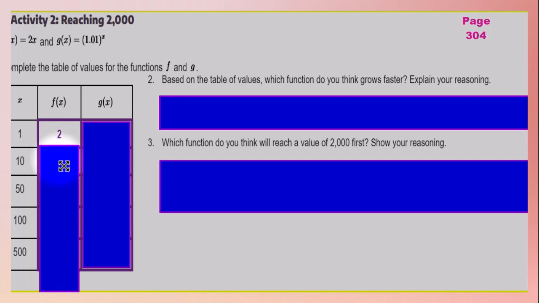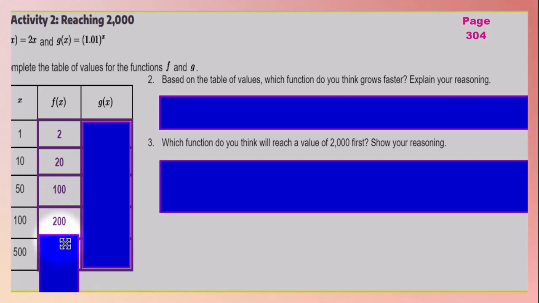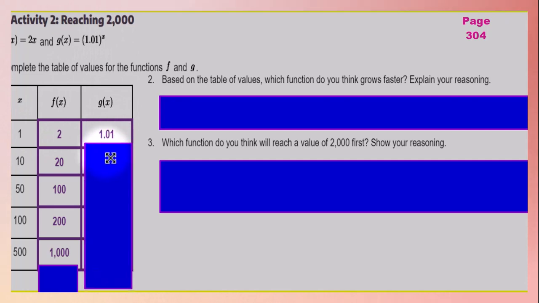2 times 1 is 2, 2 times 10 is 20, 2 times 50 is 100, 2 times 100 is 200, and 2 times 500 is 1,000. Now we're going to take 1 and 1/100th and raise it to the first power. So that's just going to give us 1.01. Now we're going to raise it to the second power, or square it, and it's about 1.10.